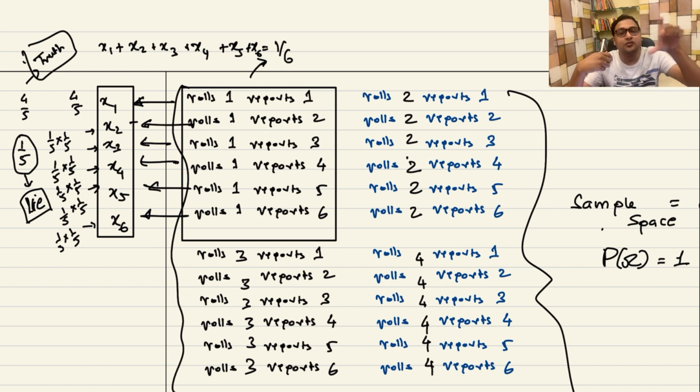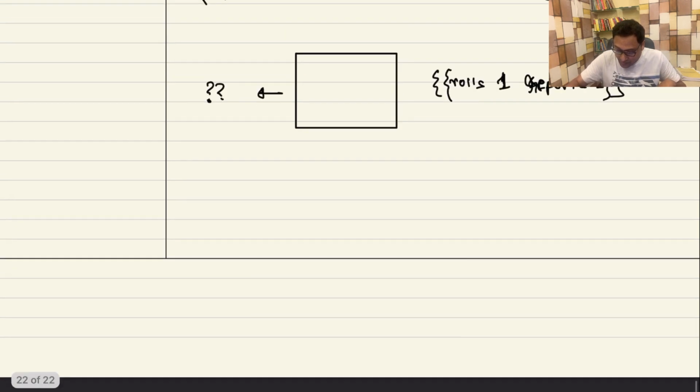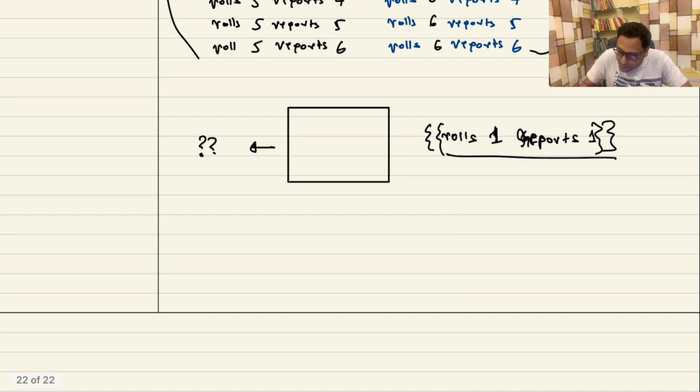You divide it by 5, so you get 1/5 times 1/5, which is 1 by 25. Okay, so now we are ready to talk about this singleton case. If I roll 1 and report 1, this is 1/6 times 4/5. That's the output.